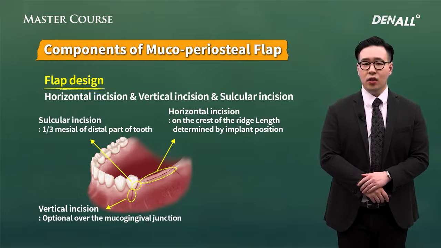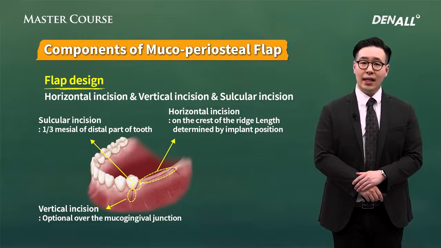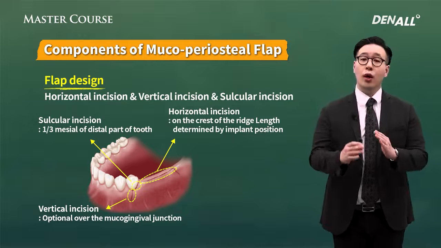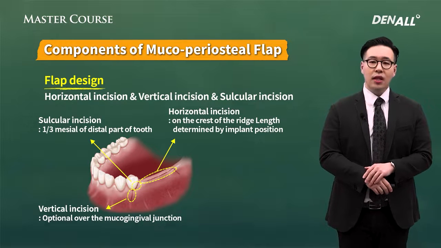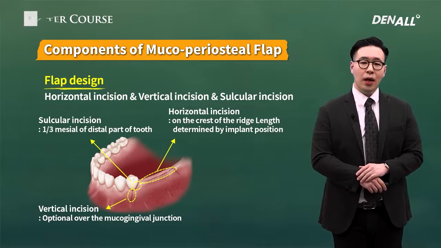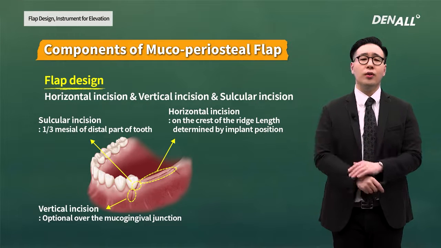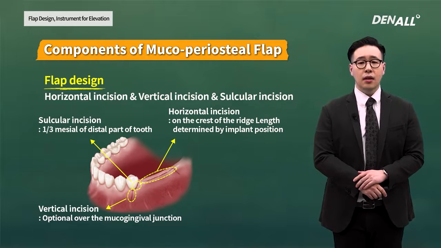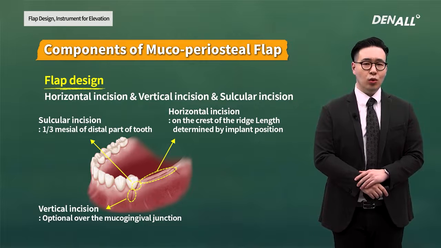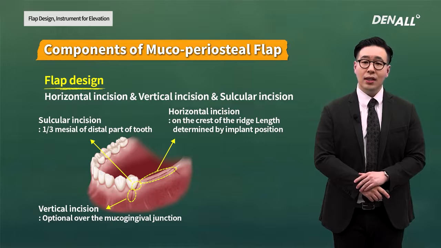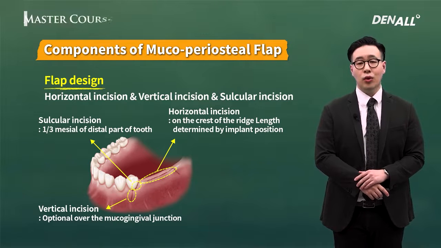If a vertical incision is not made, in order to get sufficient visibility and accessibility, you need to do an intrasulcular incision extended significantly towards the front. After suture, this will become dead space and can become a major obstacle in initial healing.